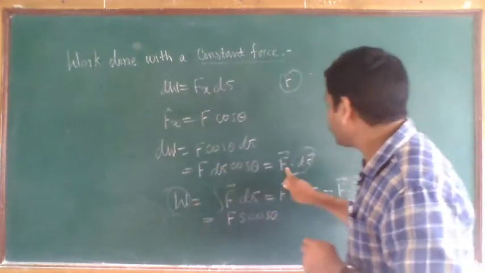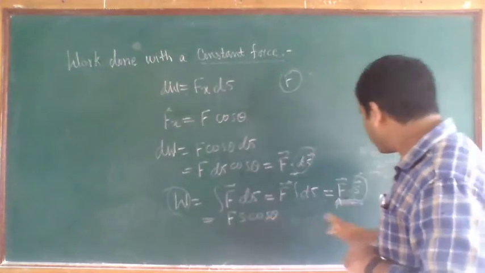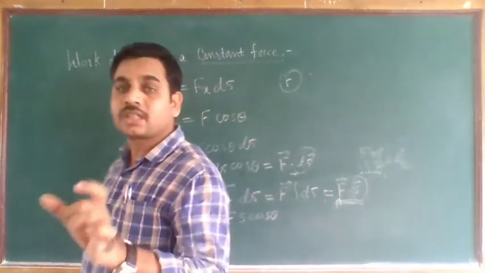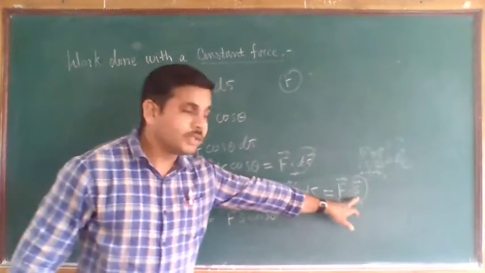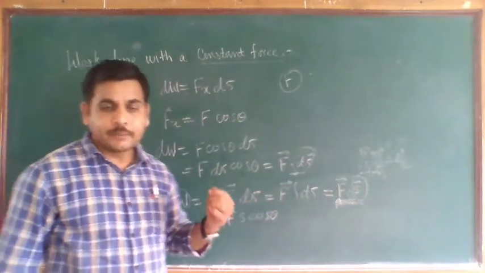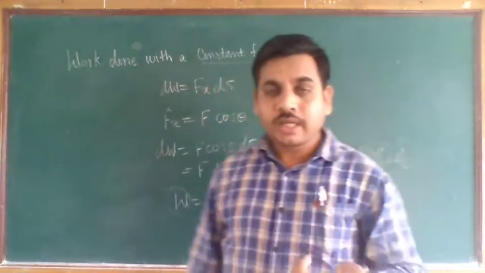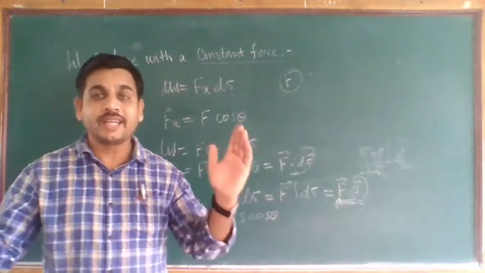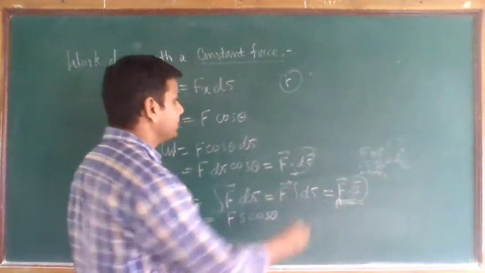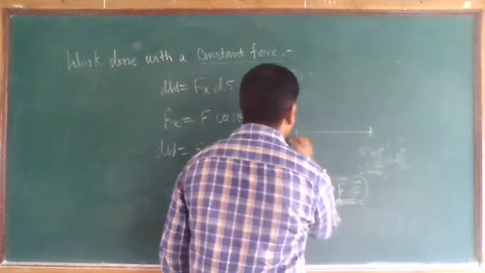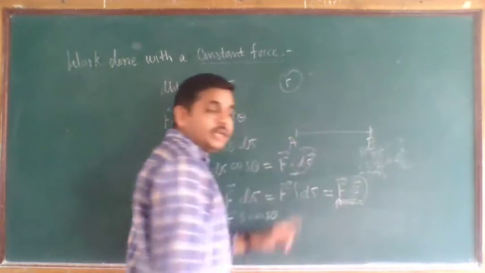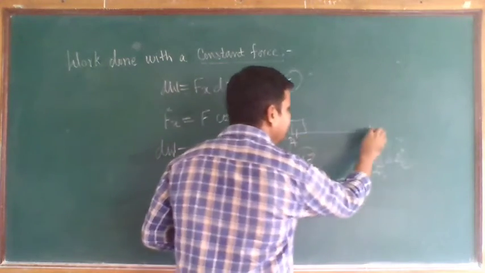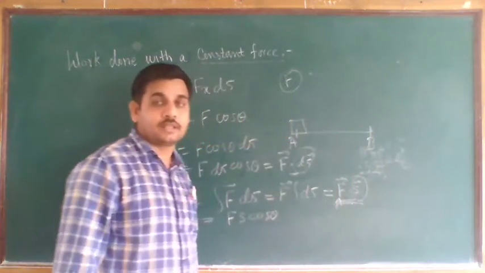Here dW is equal to F dot ds, or W is equal to F into s, force into the distance covered by that body. So the work done by a constant force depends only on the endpoints, from A to B, not on the intermediate path.